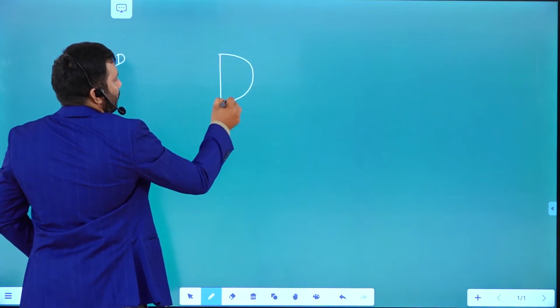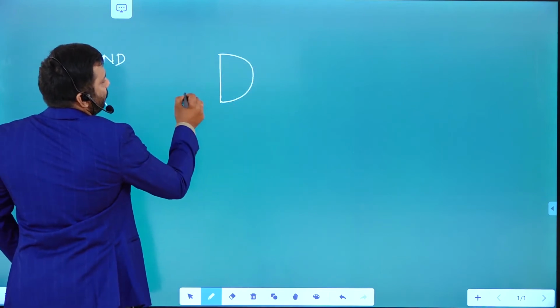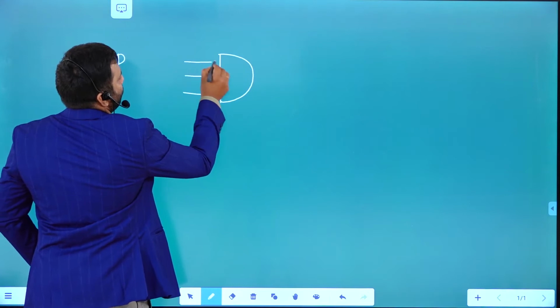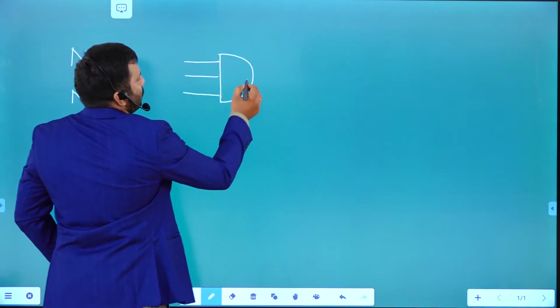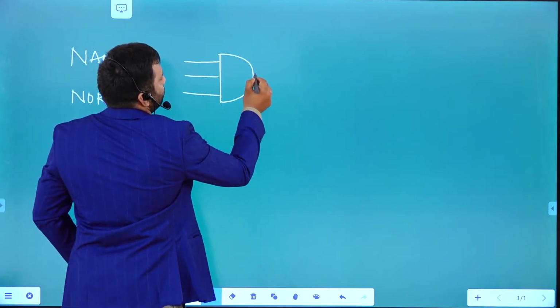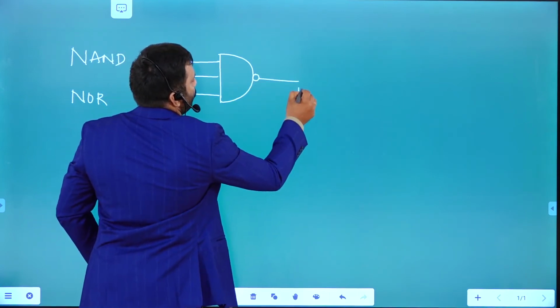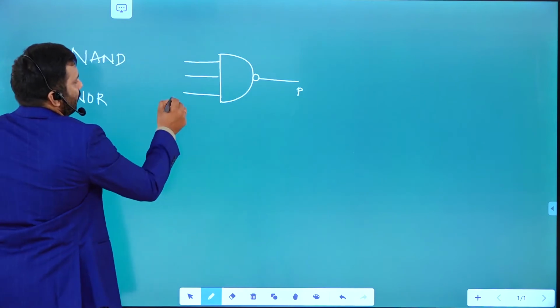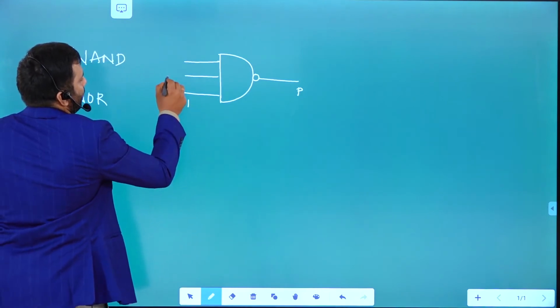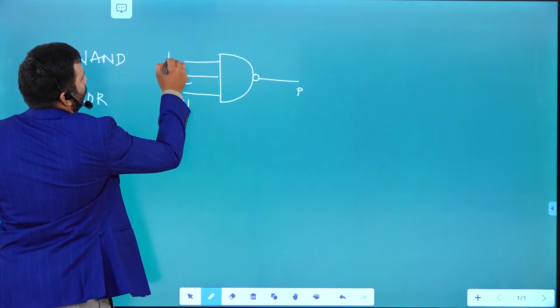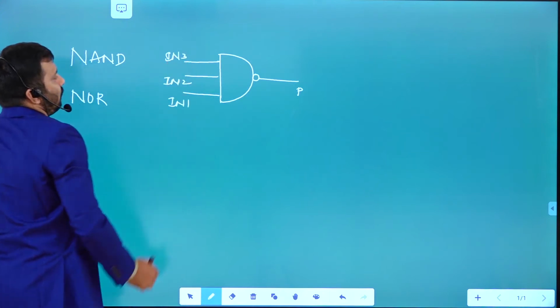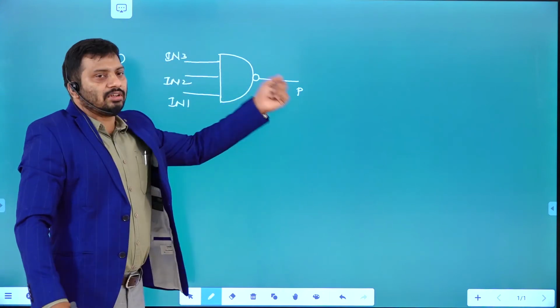Basic digital gate: here if there is input 1, input 2, input 3, now it is going to become the NAND gate. If input 1, input 2 and input 3 are all ones, then only the output is 0.